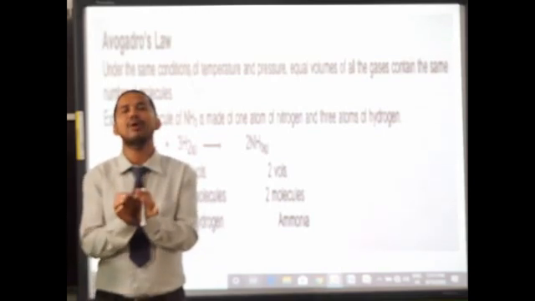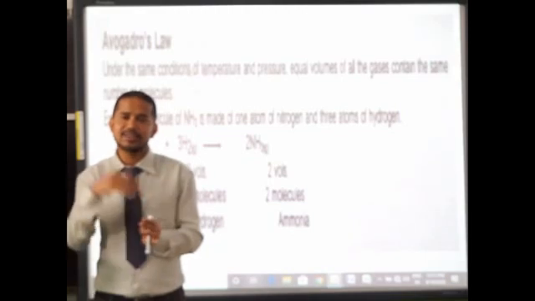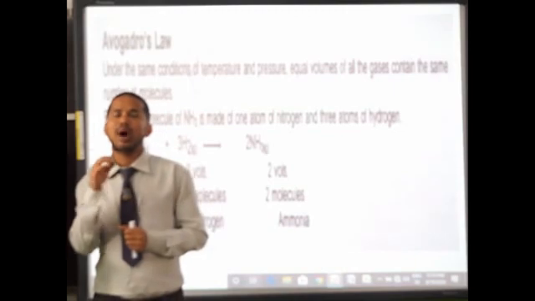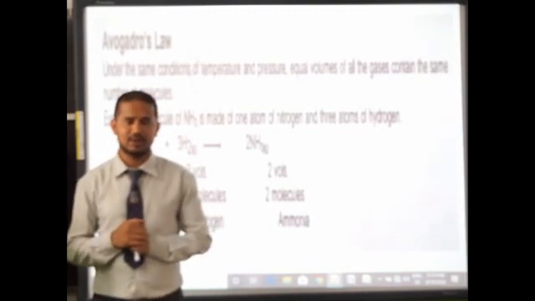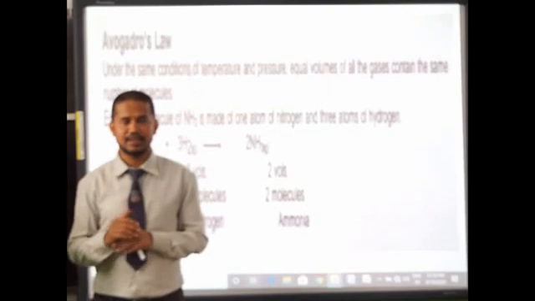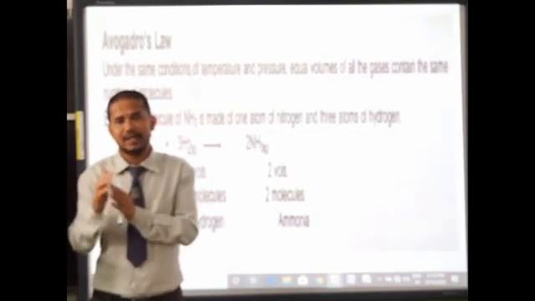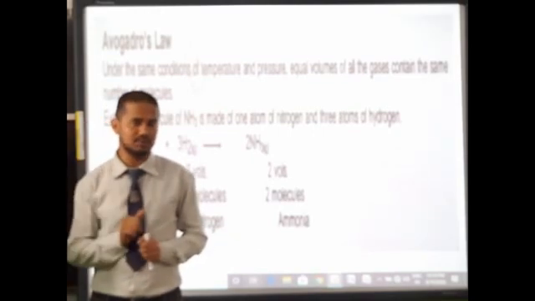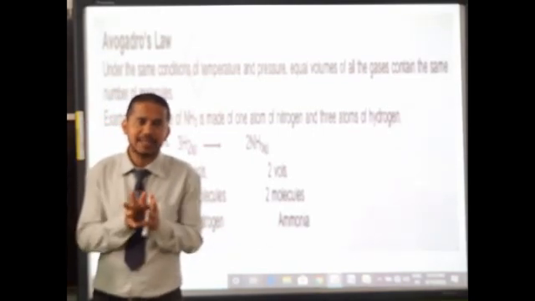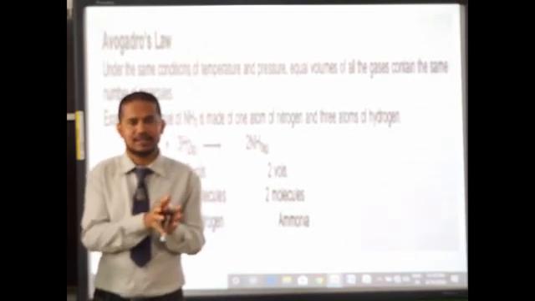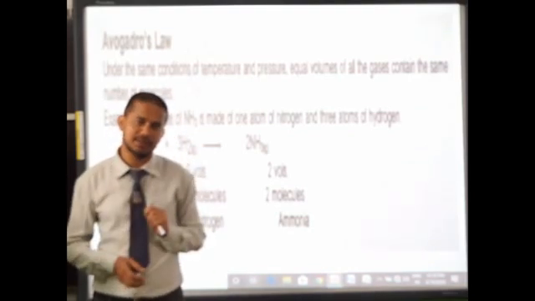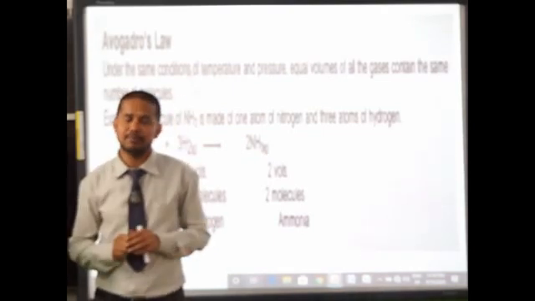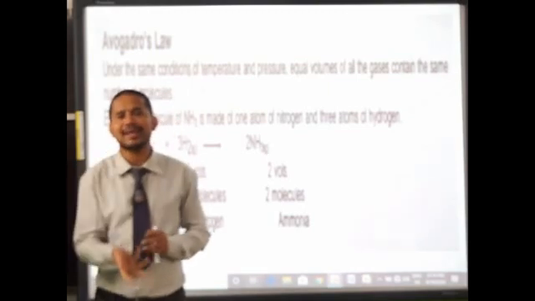For example, if 1 liter of hydrogen gas contains 6.02 into 10 to the power 23 molecules, then 1 liter of nitrogen gas also contains that many molecules. 1 liter of oxygen gas also contains that many molecules. 1 liter of ammonia gas also contains that many.